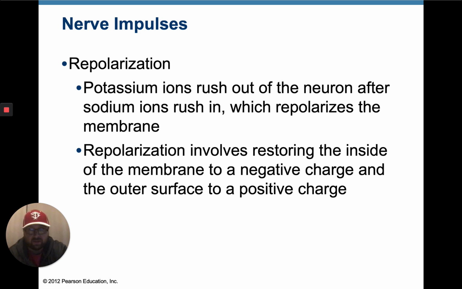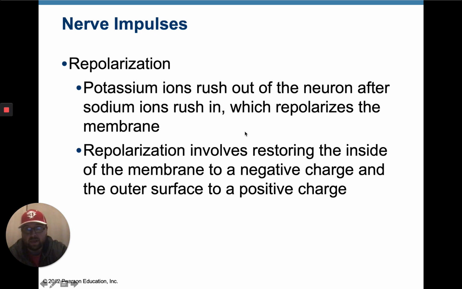Now, it's an electrical impulse, so somehow we need to undo this depolarized state, and we call this repolarization. At the same time that the sodium ions are rushing into our cell, potassium ions are rushing out of our neuron. So that's going to help us in repolarizing our membrane. They both have a positive charge.